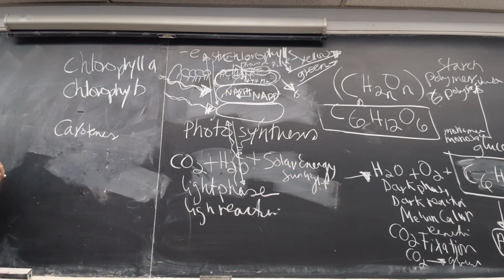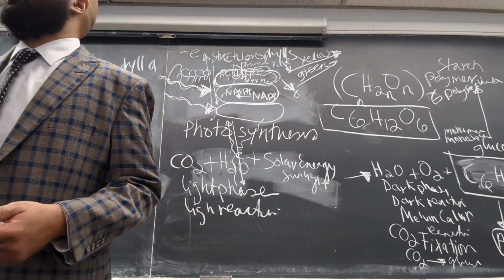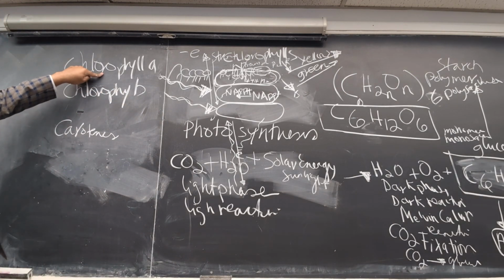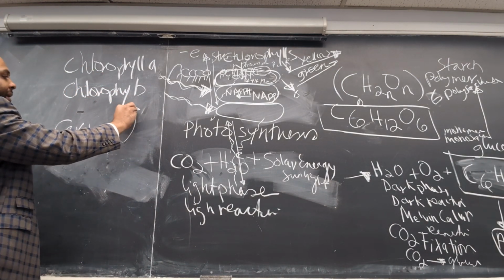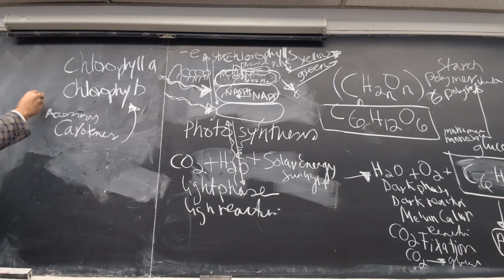These are an example of accessory pigments. What do the accessory pigments do? They support the main chlorophyll A and chlorophyll B by giving them more energy, because these accessory pigments are able to absorb a much different spectrum of the wavelength that these two cannot.